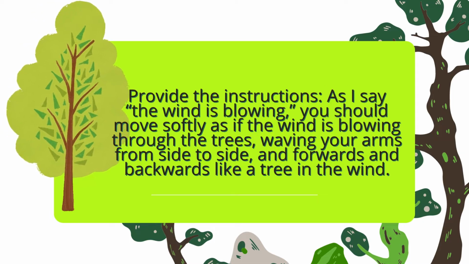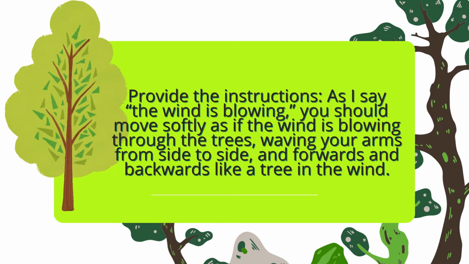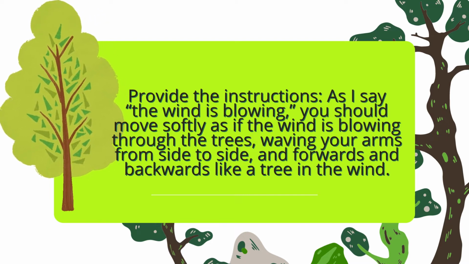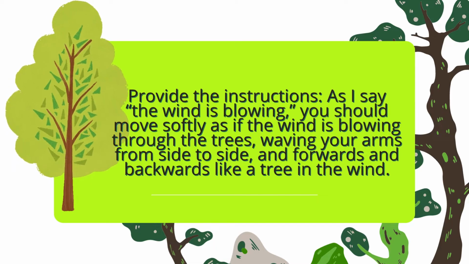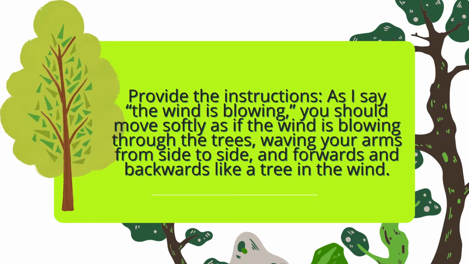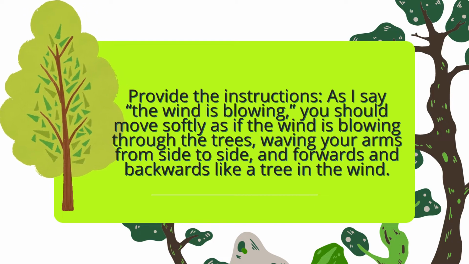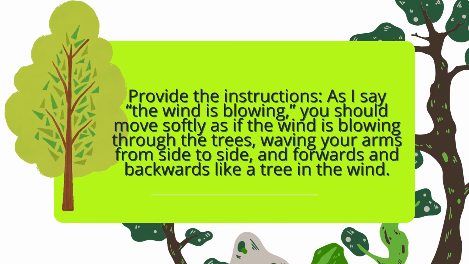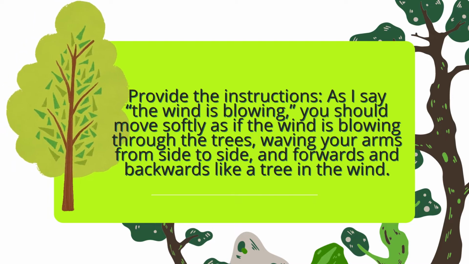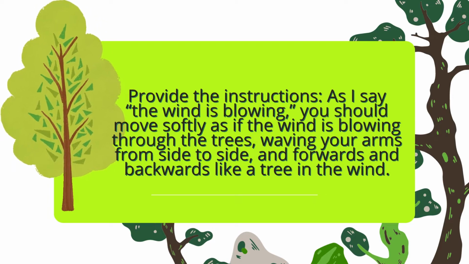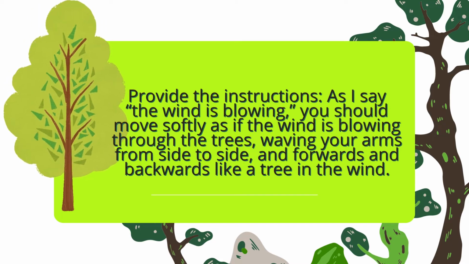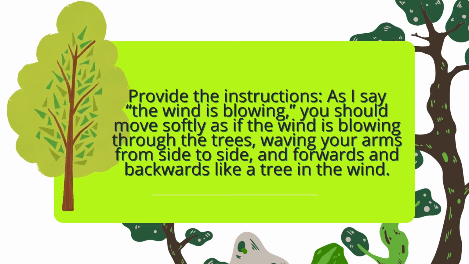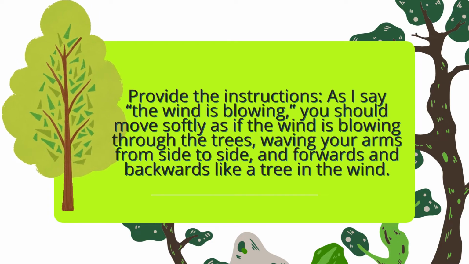So they should move softly as if the wind is blowing through the trees, like waving their arms from side to side and forwards and backwards like a tree in the wind. Here our learners will imagine that they are a tree and there is that wind blowing, and they are going to move softly as if the wind is blowing in them.